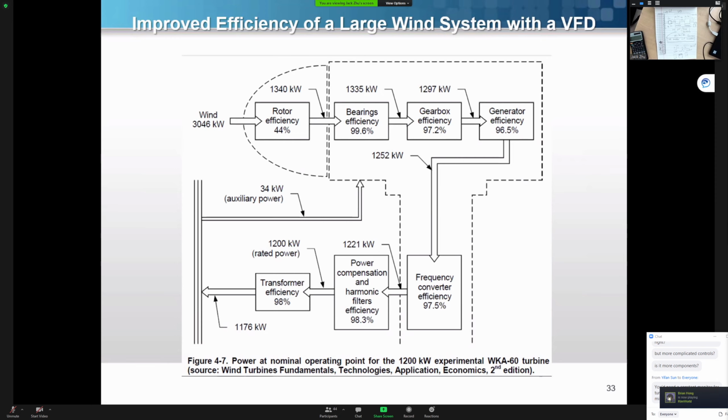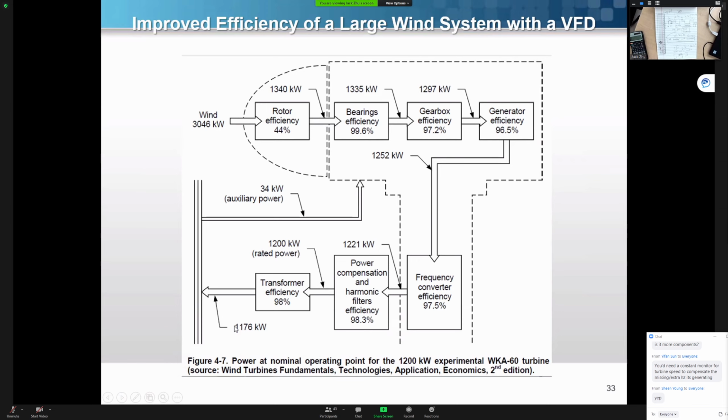So in here, they give you the rotor efficiency of only 44%. And then the bearing, the gearbox, the generator, they all have an efficiency. Then you have a frequency converter, other types of filter and electronic circuit, and come down to the transformer. The output power for this one is only 1,176 kilowatts.